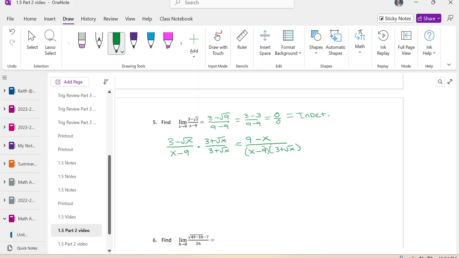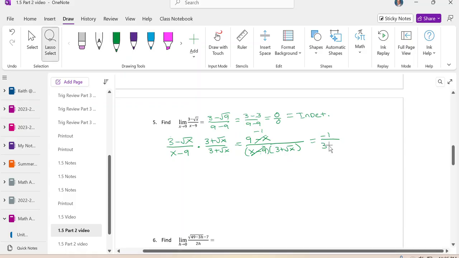Remember, when you multiply by the conjugate in the bottom, you leave it, multiply like factors. You don't multiply it out, because x minus 9 and 9 minus x, they're not the same, but they're opposites. So to cancel them out, you'll put a negative 1 here. So it's negative 1 over 3 plus the square root of x.